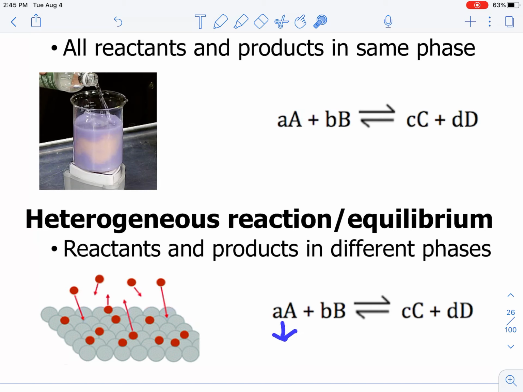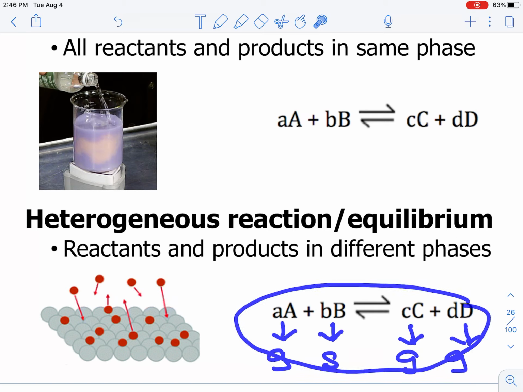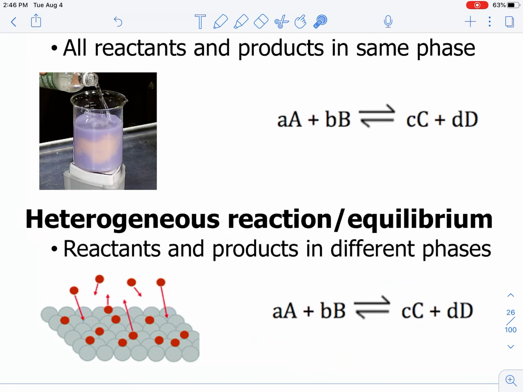Let's say, for example, that reactant A, product C, and product D are all gas in phase. Now, if reactant B happens to be solid in phase, so this is the one point of difference in terms of the physical state of matter, then this reaction would be considered heterogeneous. So the minimum requirement is to have just one point of difference.